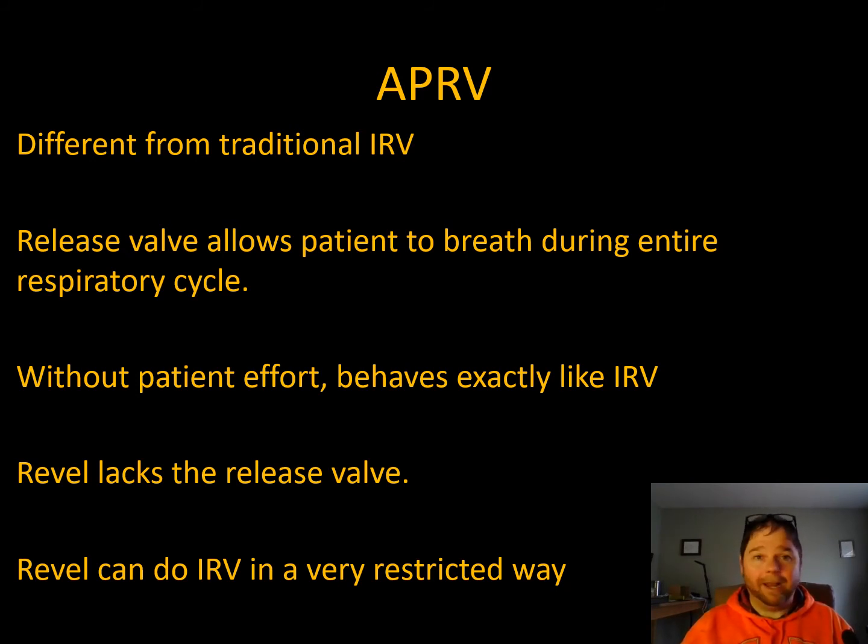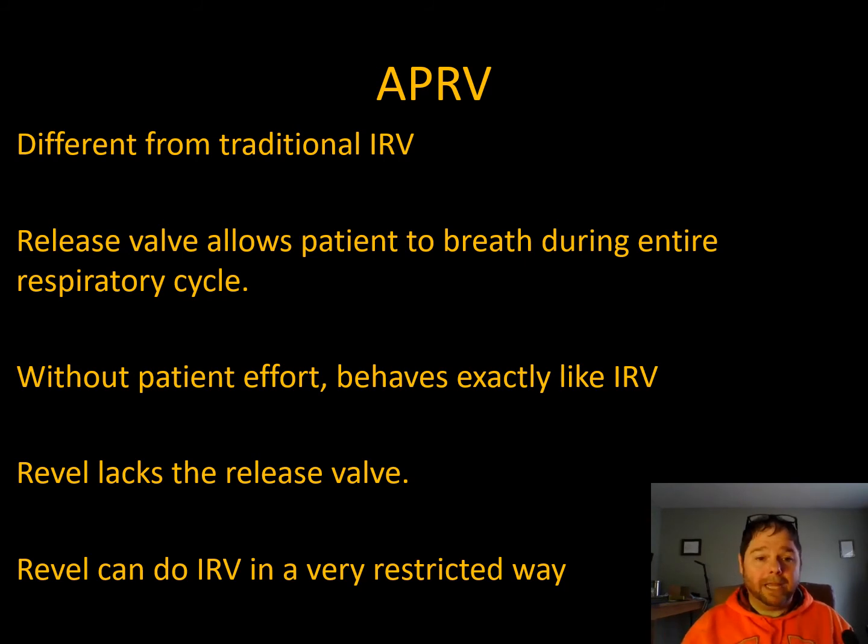So the patient cannot breathe during the expiratory phase of inverse ratio ventilation through our ventilator. So if they try to use it exactly like APRV, it's not going to work, and it would be tremendously uncomfortable for the patient. So that's why, in a second, we're going to talk about how this is reserved for the sickest, most difficult patients to oxygenate.